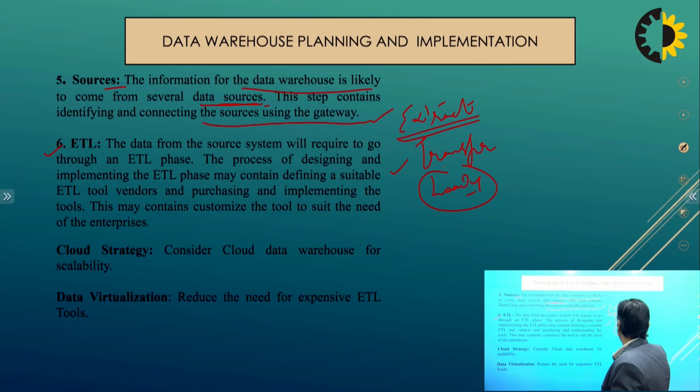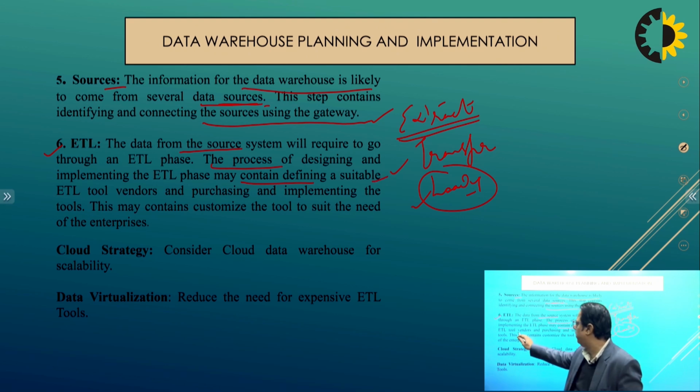After completing the transformation process, we need to store the data in the data warehouse. So the ETL process from the source systems requires going through ETL phases. The process of designing and implementing the ETL phase may involve defining suitable ETL tools, selecting a vendor and purchasing, and implementing the tools.